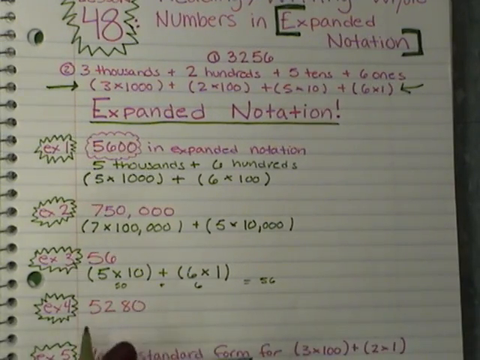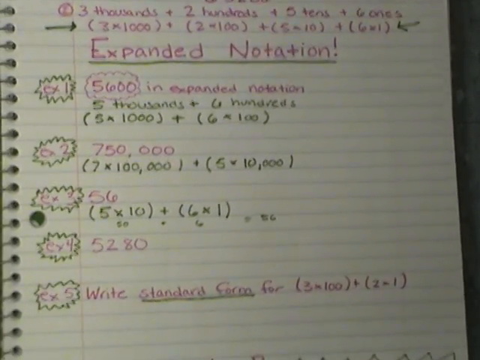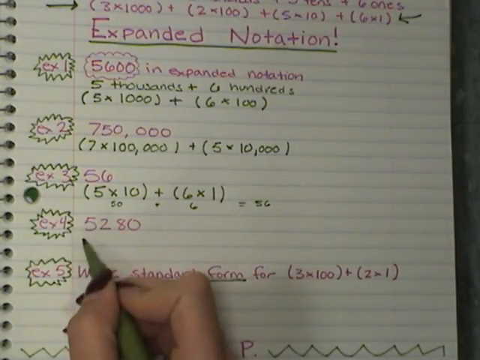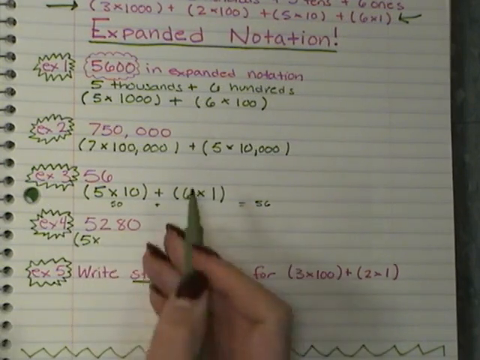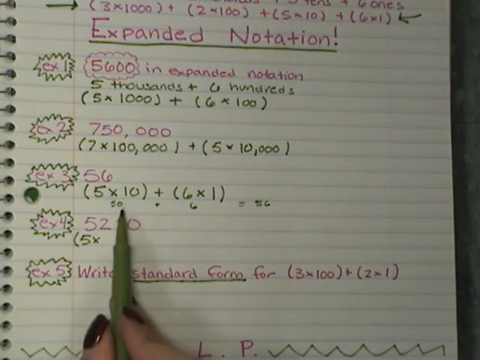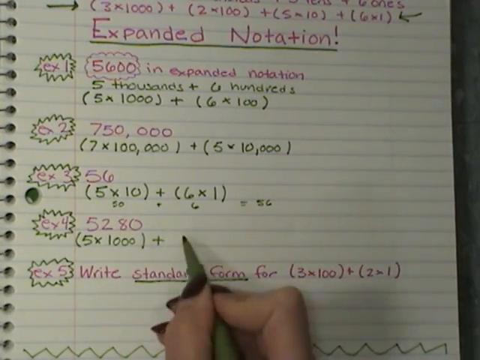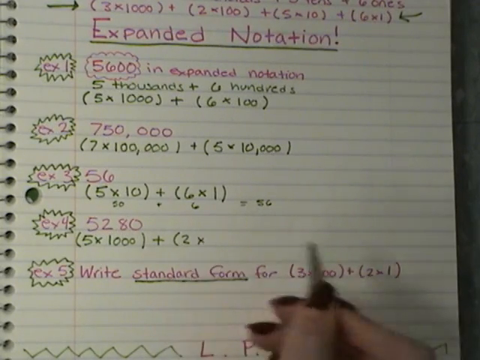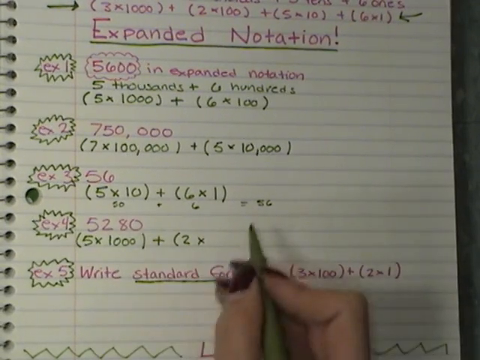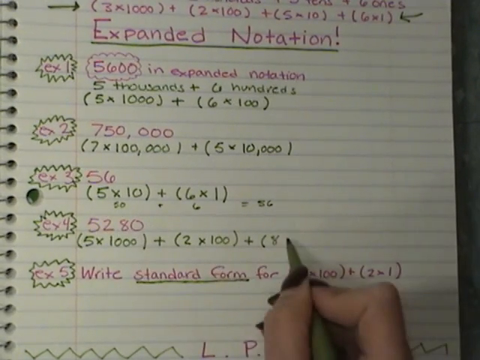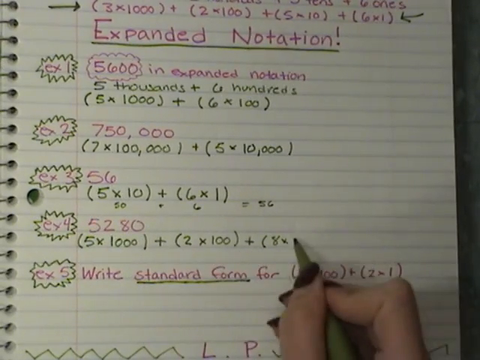Okay, try to do example 4 by yourself. Pause your video, see if you can do it, and then check with me and see if you got it correct. Okay, again, always starting with my highest number, so it's my 5. I'm going to multiply it by 1,000, so 5 times 1,000, plus my next number, 2 times 100, plus 8 times 10.